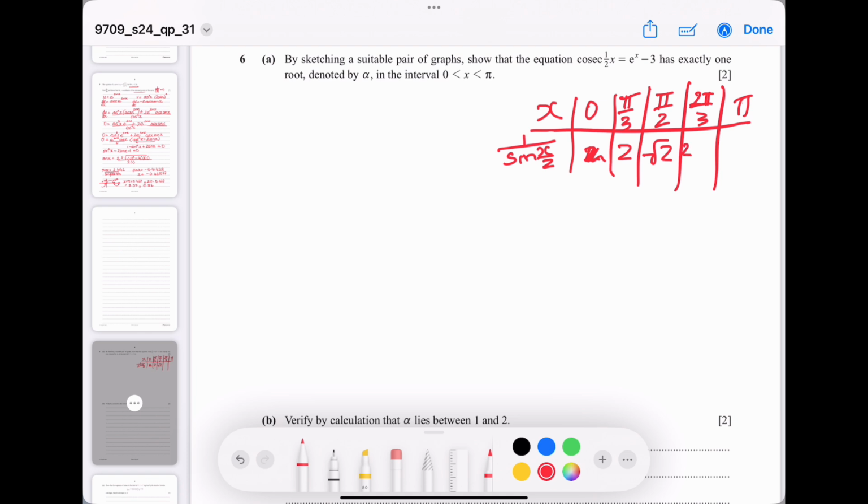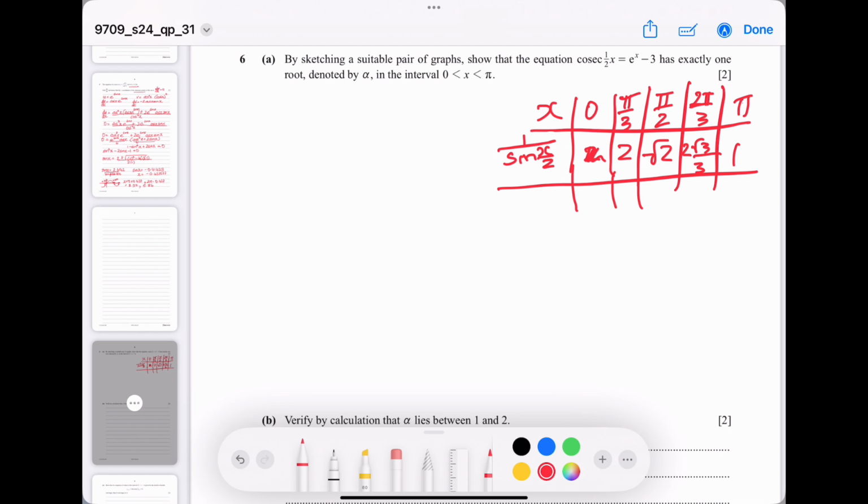Pi over 3 is 2 root 3 over 3, and pi is 1. So that's going to give us a good idea of what that one looks like.